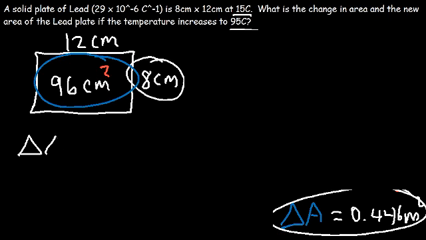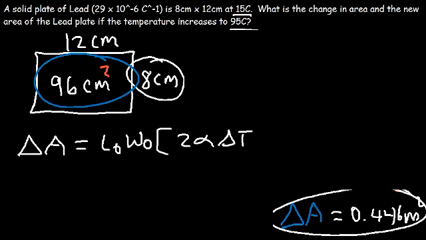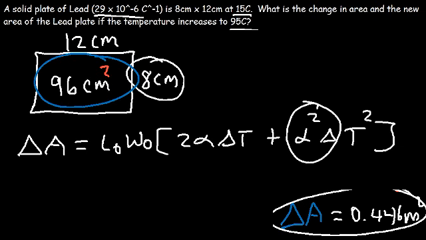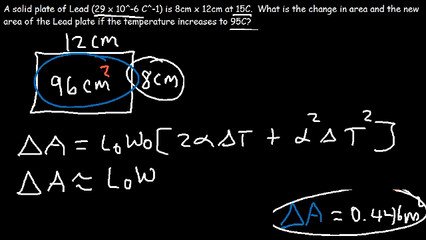The formula is delta A is equal to L0 W0 times 2 alpha delta T plus alpha squared delta T squared. Now, because alpha is so small, it's 29 times 10 to the minus 6, alpha squared is going to be very small. So the contribution of this term is negligible. So we could say that delta A is approximately equal to L0 W0 times 2 alpha delta T.